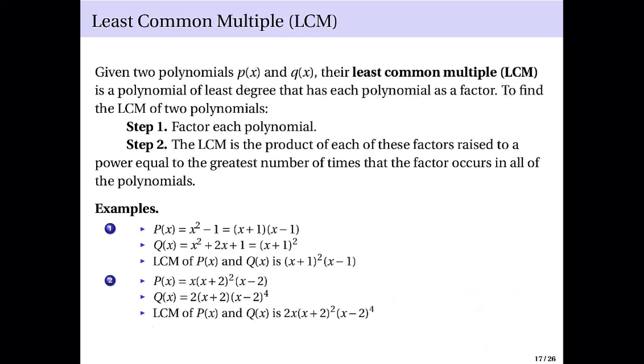So the LCM of P of x and Q of x is 2x times x plus 2 squared times x minus 2 to the 4th power.